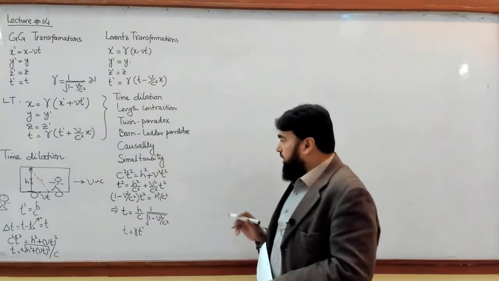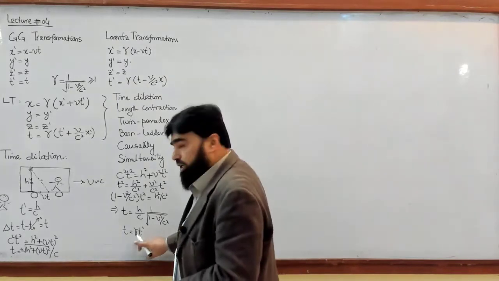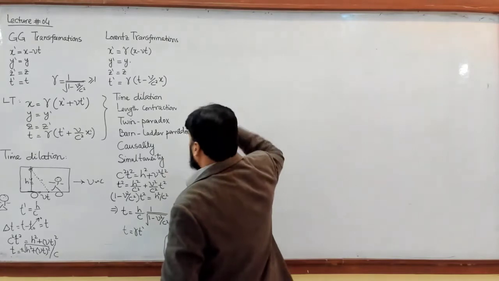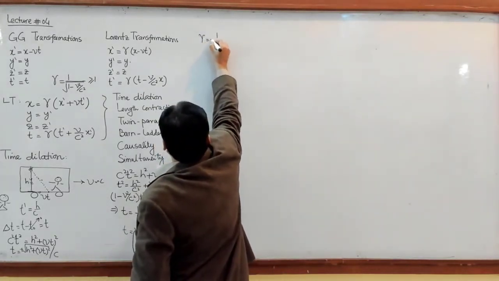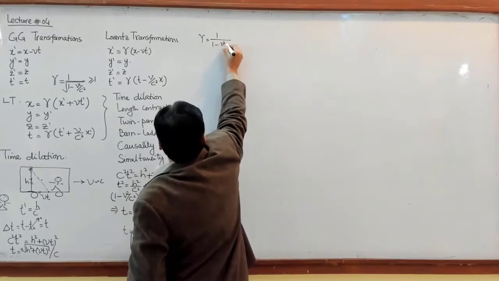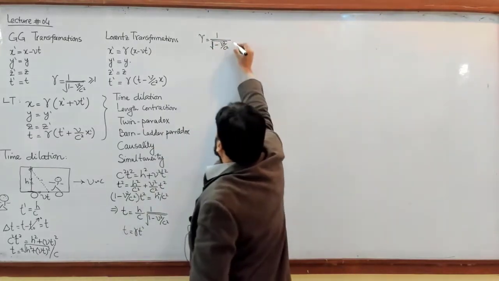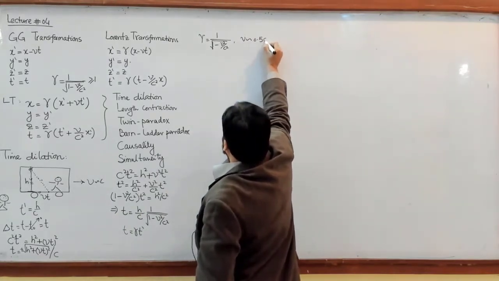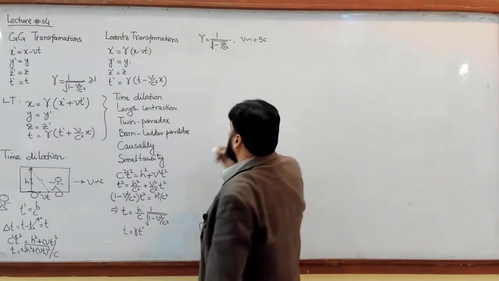Right? Now look at the value of gamma, what gamma value will be. For example, gamma is equal to 1 over the square root of 1 minus v square over c square. Let's say we assume that v is approximately 0.5 c, means it's going half the speed of light.